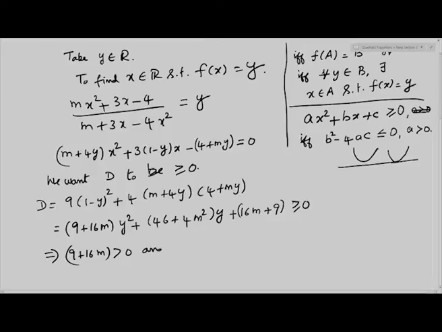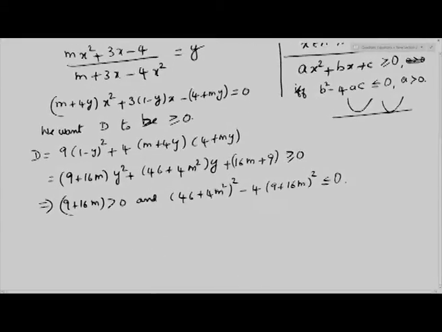and the discriminant, that is b square minus 4ac of this quadratic expression in y, that is (46 plus 4m square) whole square minus 4 times (9 plus 16m) whole square, should be less than or equal to 0.